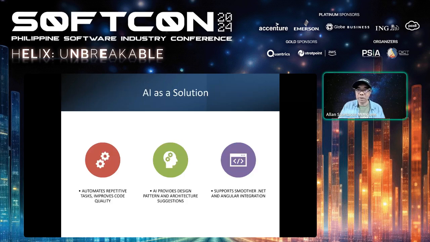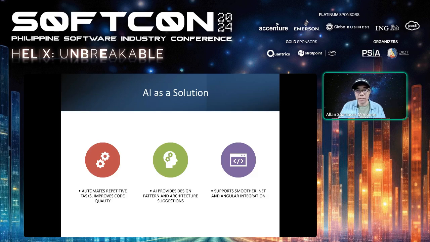So now that we have covered the challenges, let's talk about how AI-powered tools can help solve these problems. So tools like GitHub Copilot and ChatGPT can bring AI into the development process, making it easier to automate repetitive tasks and improve overall code quality. So for instance, Copilot can automate code completion and suggest best practices, allowing developers to write code faster and with fewer errors.